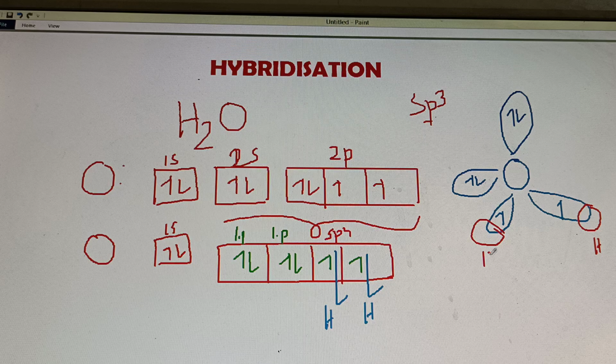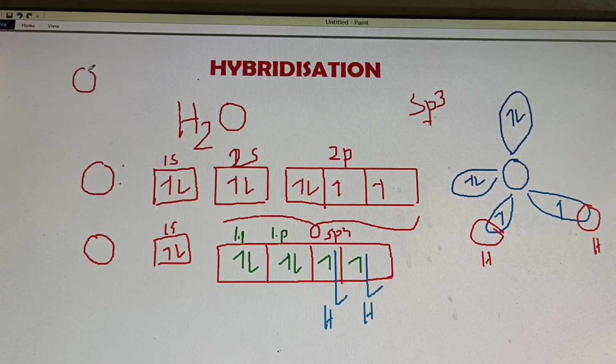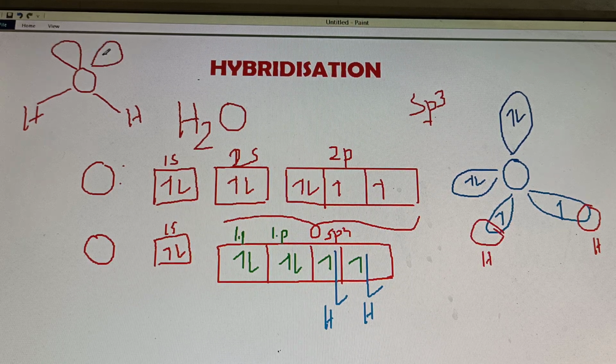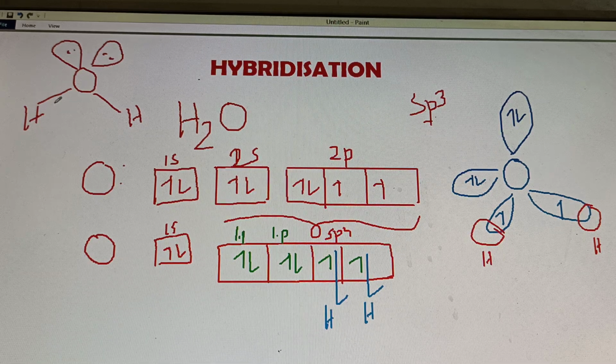Clear? So what is the shape of this molecule? It's like oxygen, hydrogen, hydrogen, and here two lone pairs. So this is V shape.